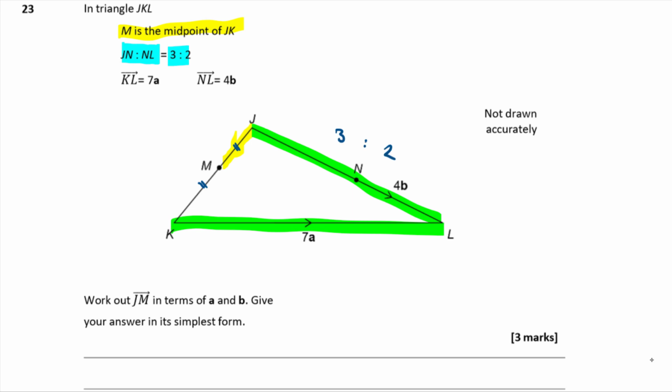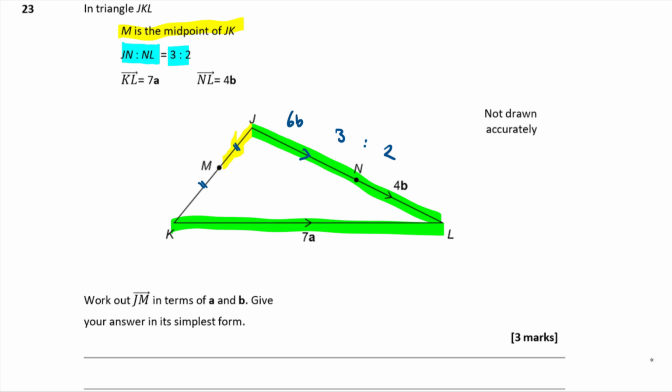Okay, so if this is in the ratio of 3 to 2 and NL is 4B, then if I divide that by 2 and times it by 3, it should tell me that J to N, this part down here, is going to be 4B divided by 2 times by 3. It's going to be 6B, isn't it?